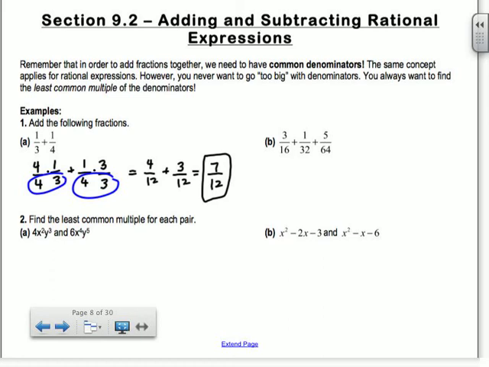I'm going to multiply the second one by 2/2, and then the last one stays as it is. So I'm going to have 12/64 plus 2/64 plus 5/64. So I get 19/64. Okay, sometimes it will reduce down more, but we know 19 is prime, so.